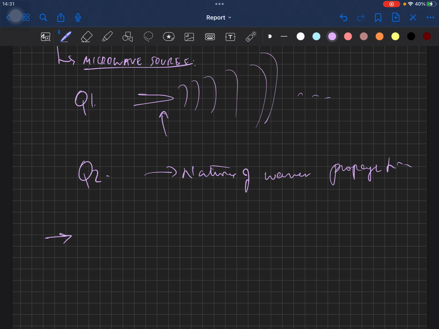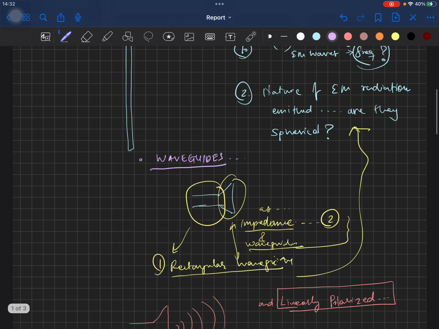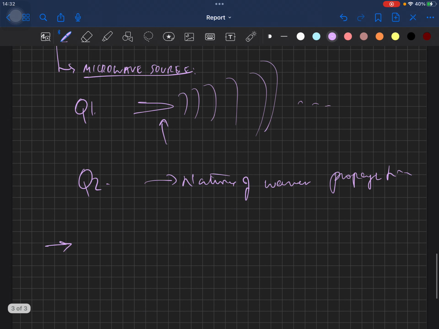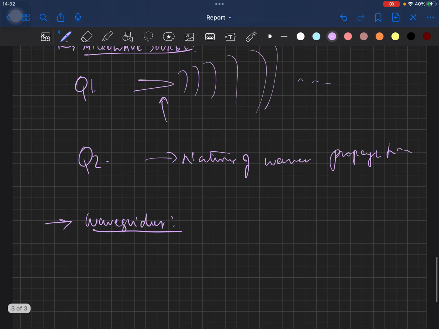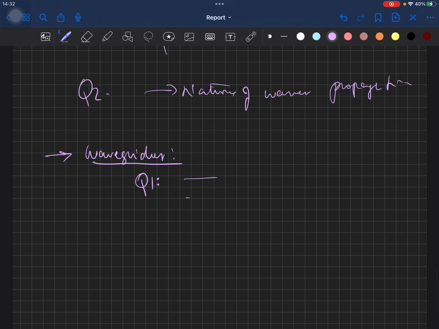Okay, and then you have first the nature of propagation, and then what is third: waveguides. Question 1 is, how is the rectangular waveguide acting?